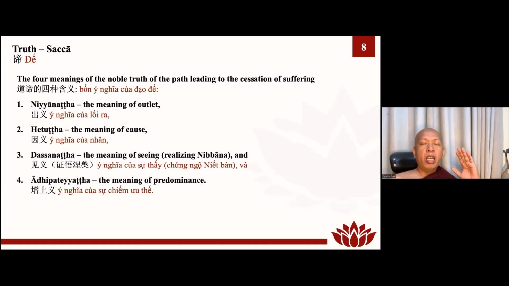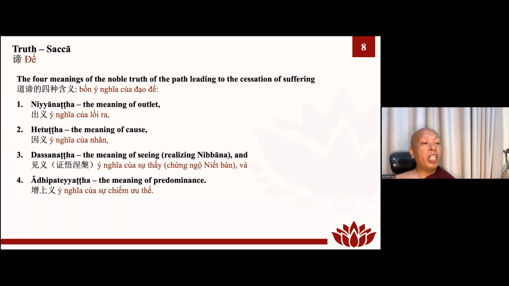Actually, in the case of path and fruition knowledge and their association, I have already explained something about the Four Paths. Anyway, the main thing is whenever somebody attains Nibbana, for example, Sotapatti path knowledge will associate with the Four Paths. Sotapatti fruition knowledge will also associate with the Four Paths, the 8 mental factors.